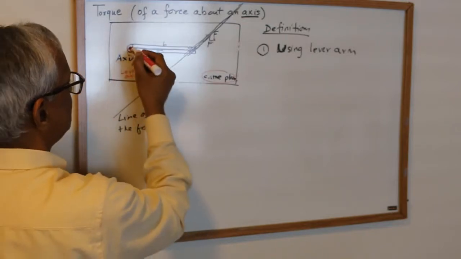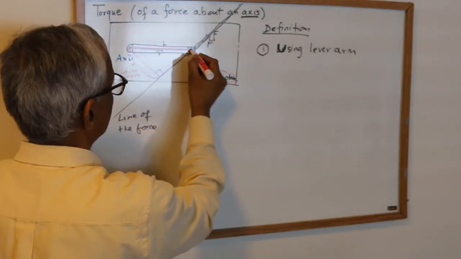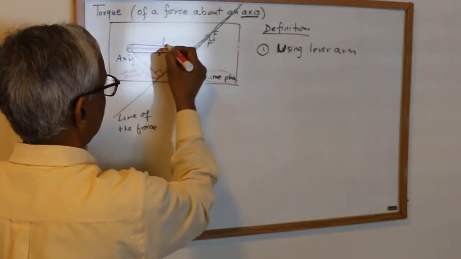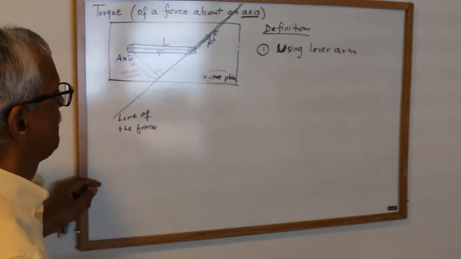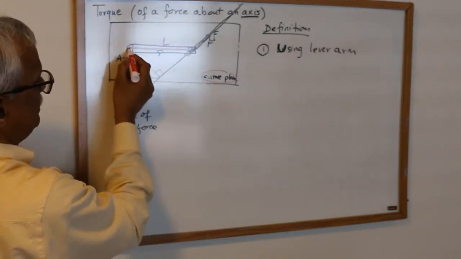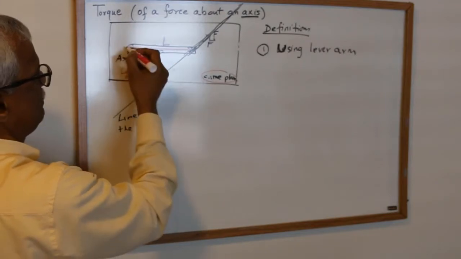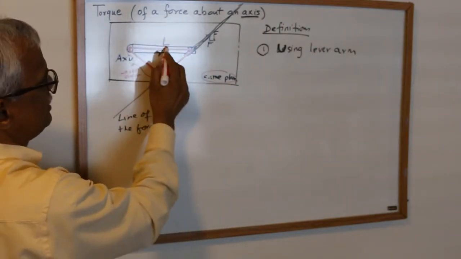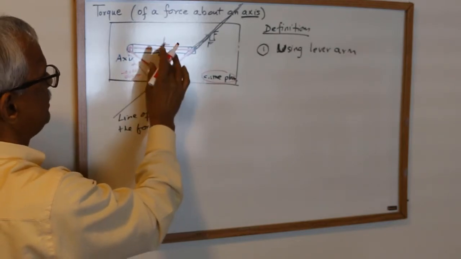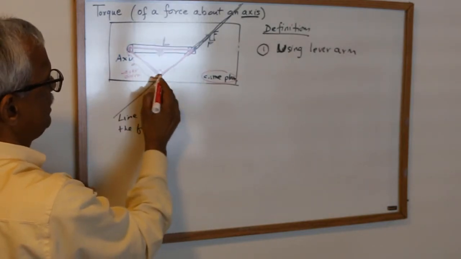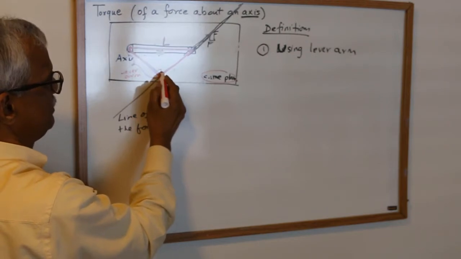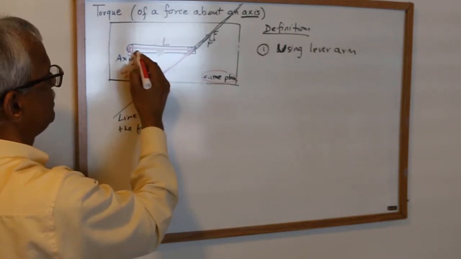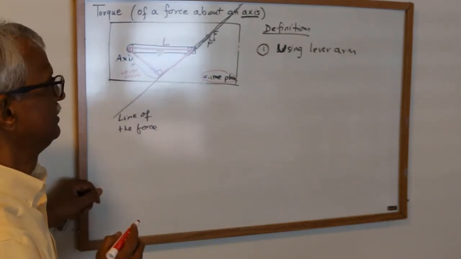So I have this R, which is over here L, and we need to figure out this distance. So I have this right angle triangle to work with, where one side is known. If I know any of the angles, so if I know this angle or this angle, all will be done.